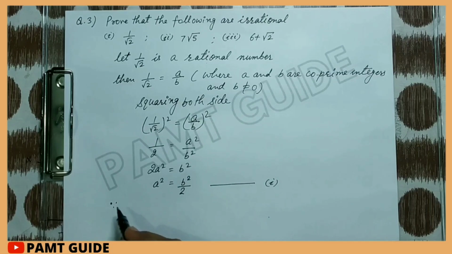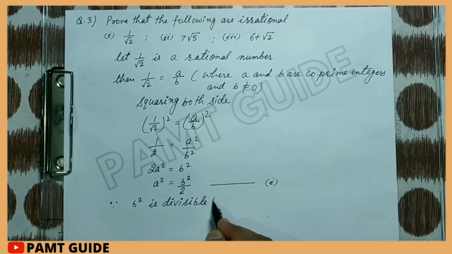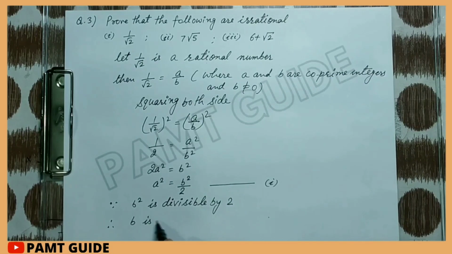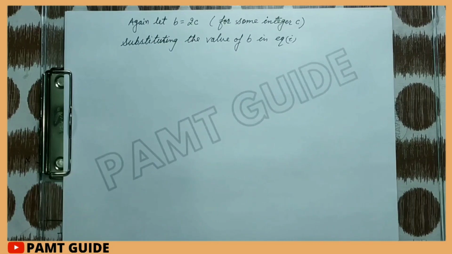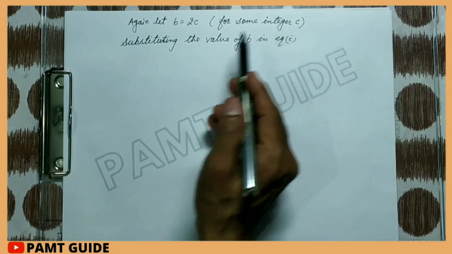We are seeing that b square is divisible by 2, so b is also divisible by 2. This is equation 2. Again let b equal to 2c for some integer c.